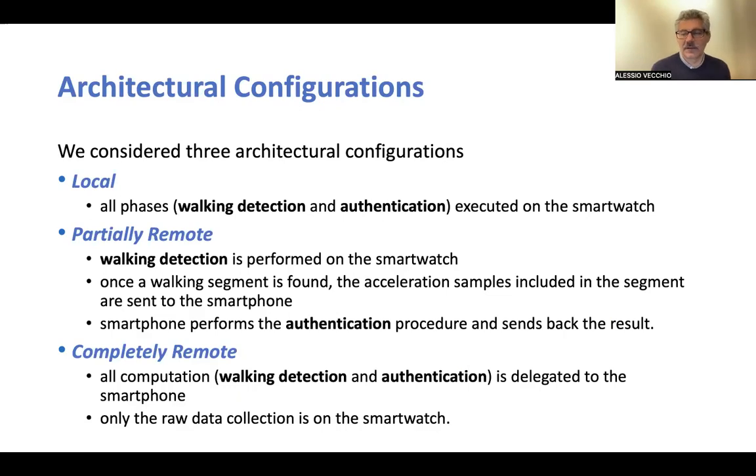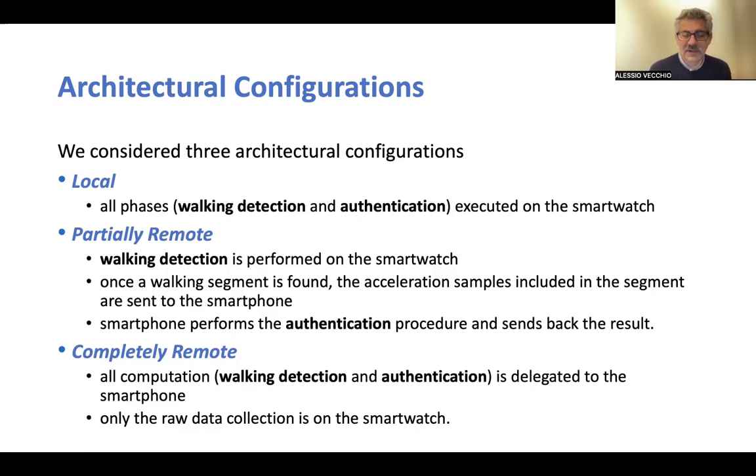And then we have the architecture configurations that we considered. The first one is the completely local architecture. In this case, walking detection and authentication are both executed on the smartwatch. Then we have the partially remote architecture, where walking detection is performed on the smartwatch, and when a walking segment is found, the data is transferred to the smartphone, where the authentication procedure is executed.